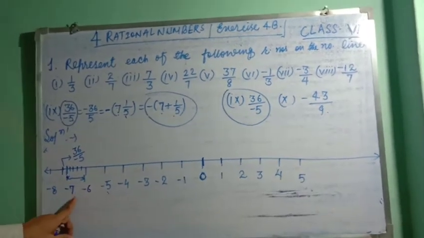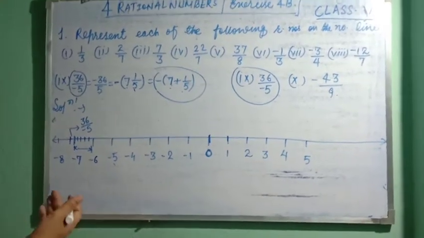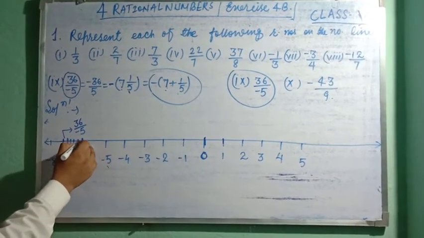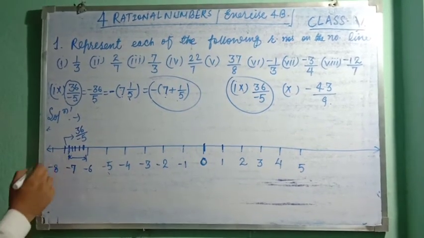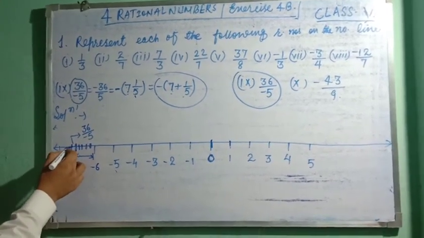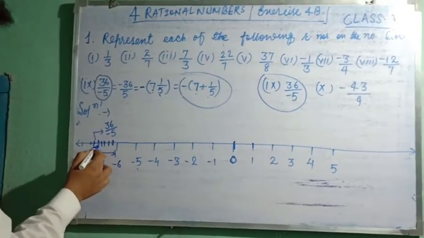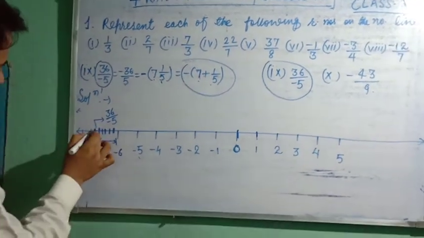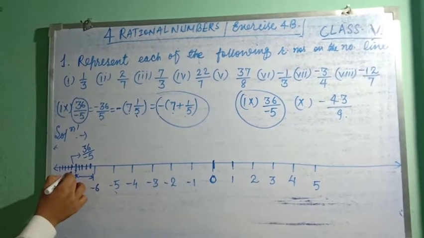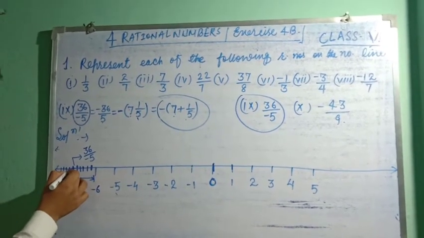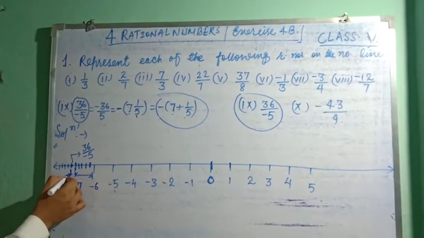from 6 to 7 units, this length can be divided into 5 equal parts. I have already divided this unit length into 5 equal parts: 1, 2, 3, 4, 5. Here is the minus 7, and this point will indicate 1 by 5.